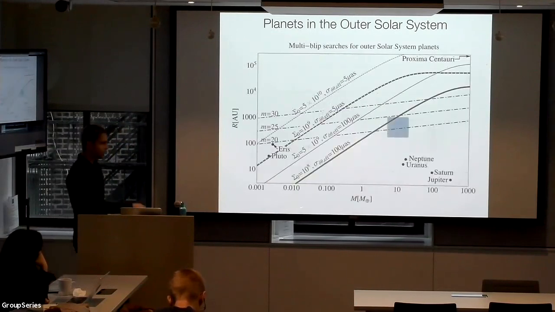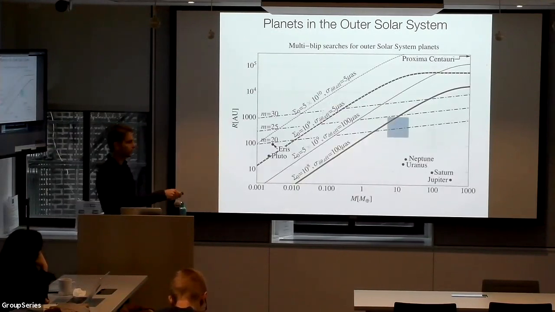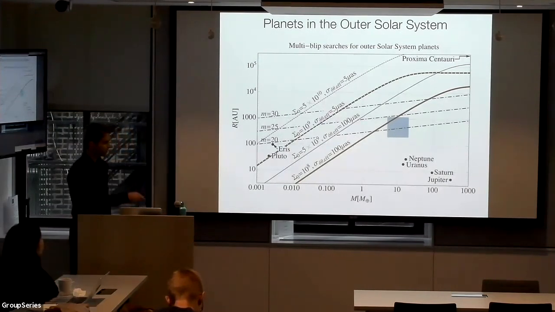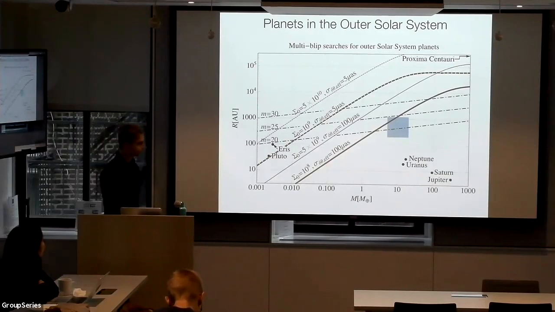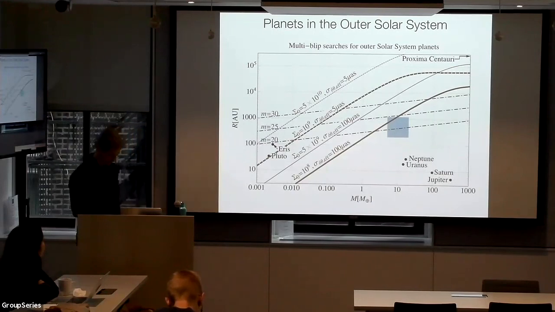So at the end of the Gaia mission, we think we can look for planets below this dark orange curve. So for example, we can see a Neptune-like planet up to 1,000 AU or so. And the tentative indications of Planet 9 are in this region. So we could exclude that possibility if it's in a favorable patch of the sky.